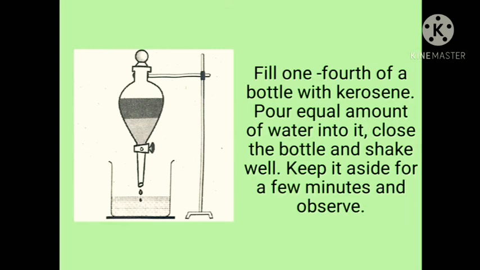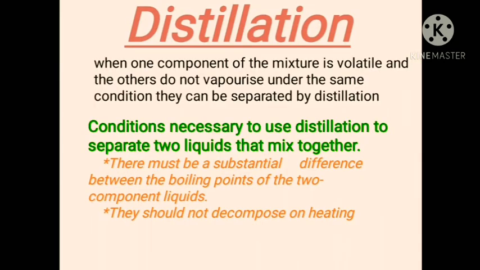So this method is easy for separating kerosene and water or substances like that with different densities. Anyway, in this class we understood three methods of separation: distillation, fractional distillation, and the separating funnel.